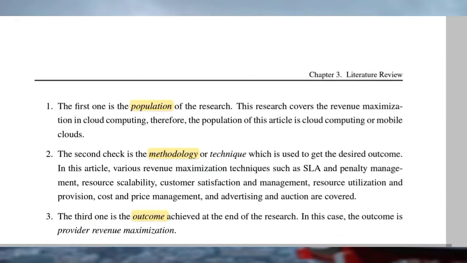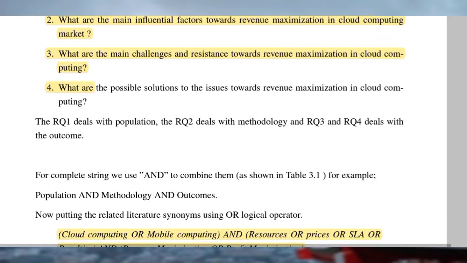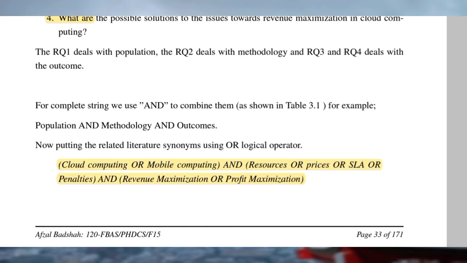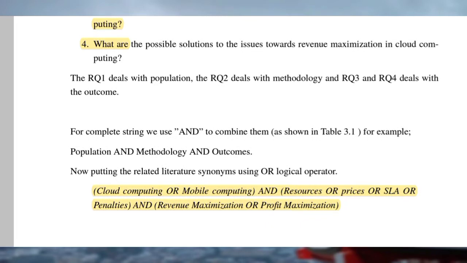Once you have finalized your keywords, what you have to do is create a search string, and for this search string you have to concatenate the keywords with the AND operator.